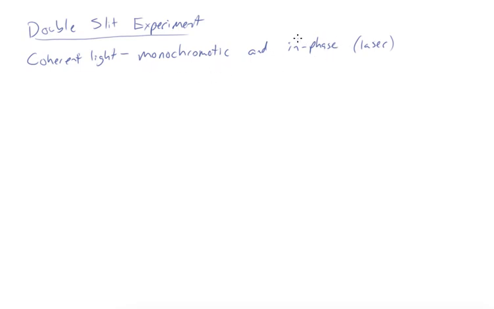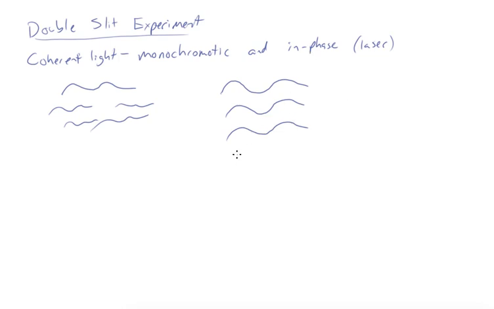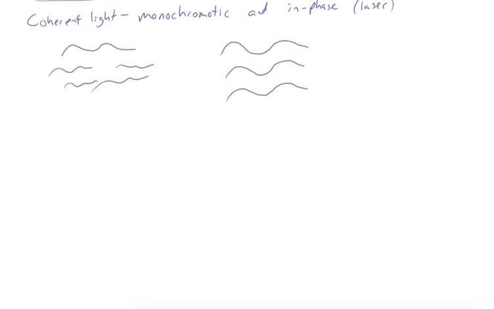So we want coherent light, all in phase, all with the same wavelength, and lasers do that for you. It's not important to know how a laser works, but lasers do produce that kind of light, so they're the best for this situation.